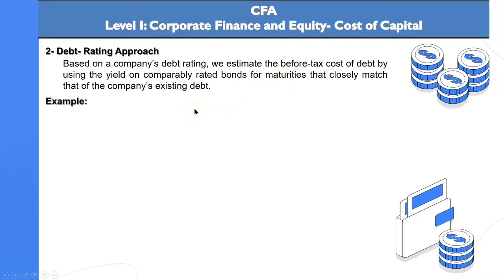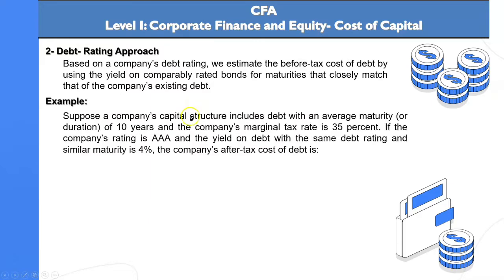So let us take a small example to see how we could do that. Suppose a company's capital structure has a debt of bonds that has an average maturity of 10 years, and the company's marginal tax rate is 35%. If the company is rated AAA, the yield on the debt with the same debt rating in the market is 4%.